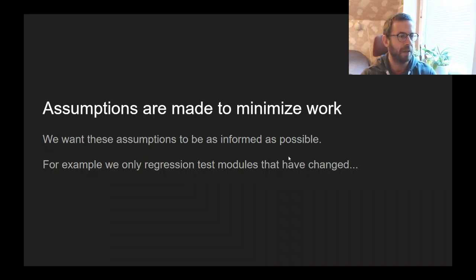Perhaps you've heard the proverb that assumption is the root of all fuck-ups, and it means that when we make a mistake, it's usually a wrong assumption behind that. So in order to make these assumptions, we should know what we're trying to do, and they should be as informed as possible.